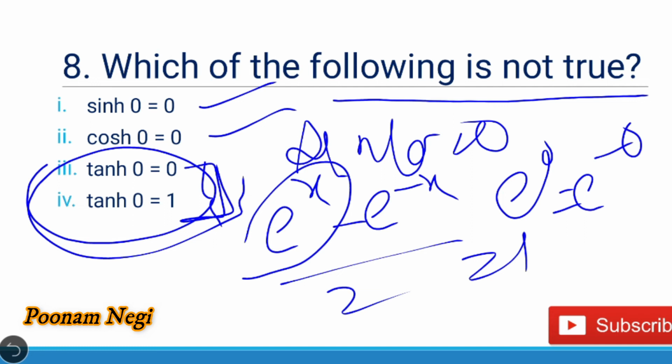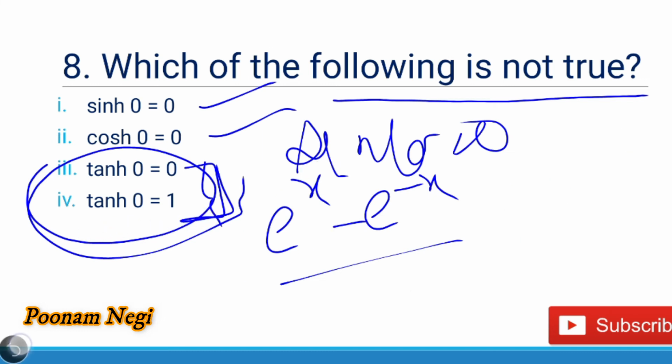It means 1 minus 1 upon 2, that is 0. In a similar manner, we can calculate the value of cos hyperbolic 0. Since tan hyperbolic x equals sin hyperbolic x upon cos hyperbolic x, it can't be 1. So the correct answer is option number D.